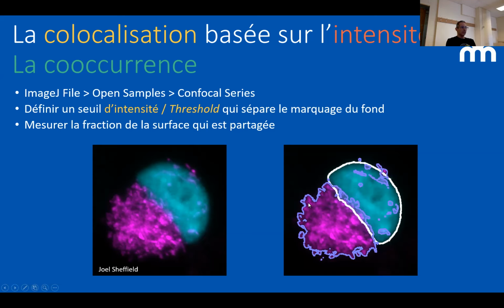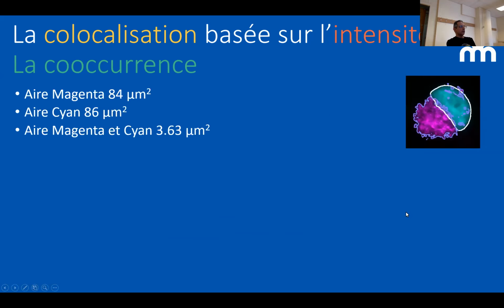I did that also in the pink and magenta channel, and I got this area. So it's overlapping a tiny bit here between the two, but also here outside. And then you can measure the area of each of them. So I have 84 microns squared for the magenta and 86 for the cyan. And you can measure also what is shared between the two, so this area here.